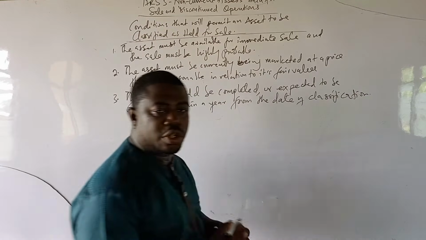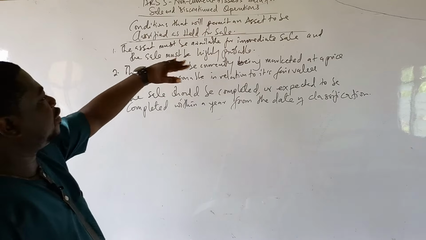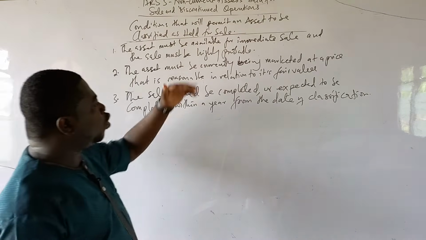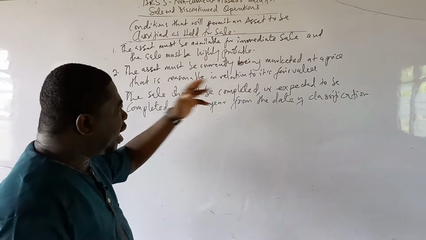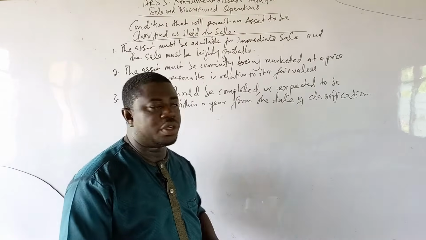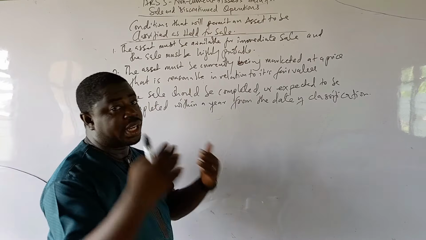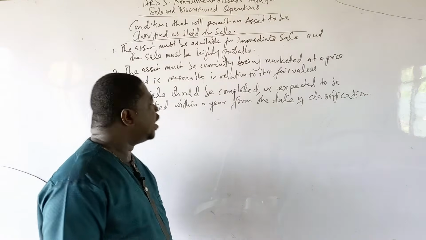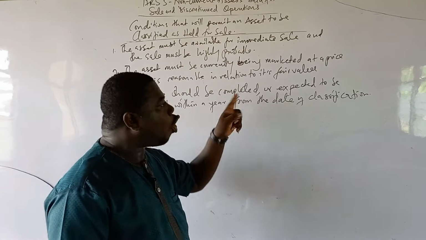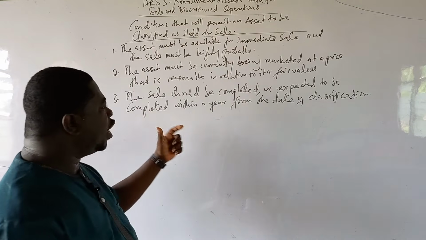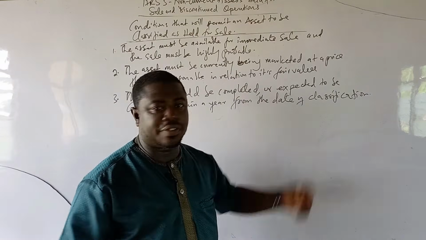Now, this condition is also very interesting. After you have satisfied the condition that it is readily available and that it's being marketed at a price that is reasonable to the fair value, we are also saying that the sale of such an asset that you want to classify as held for sale should be completed or expected to be completed within just 1 year from the date of classification.